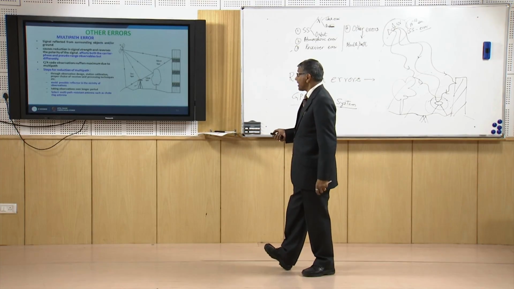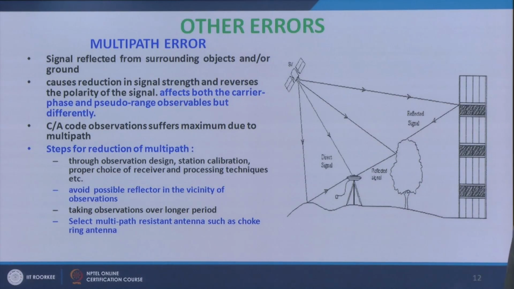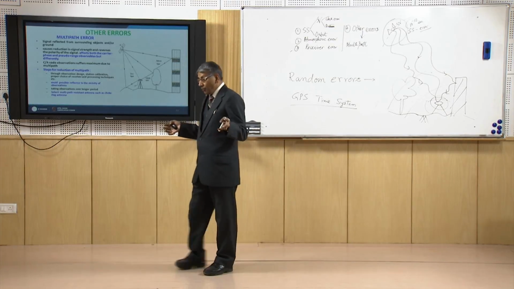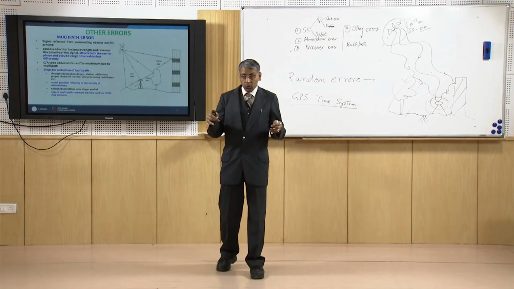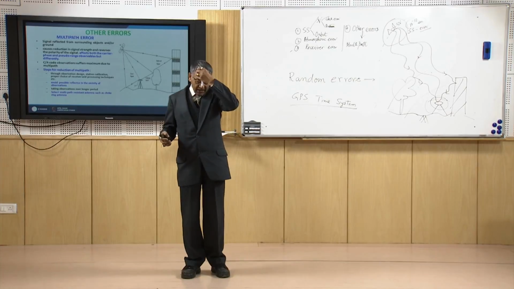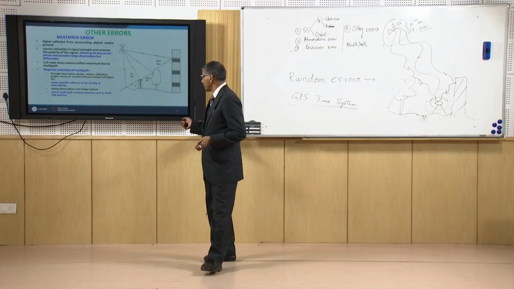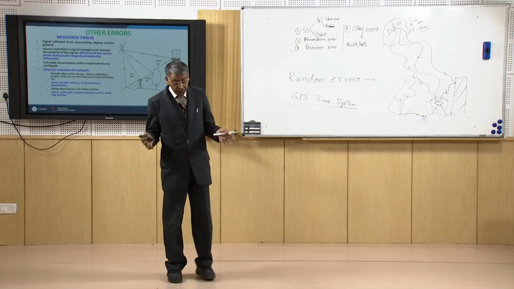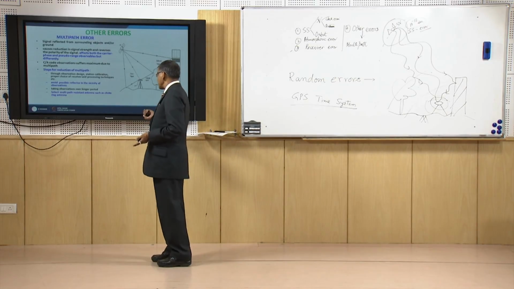To reduce multipath, we should avoid a place where there are objects around from which the signal may get reflected to the receiver. We must avoid areas like crowded buildings, trees, or adjoining water bodies. Water bodies also act as a reflector.